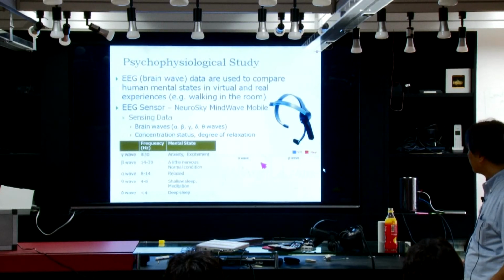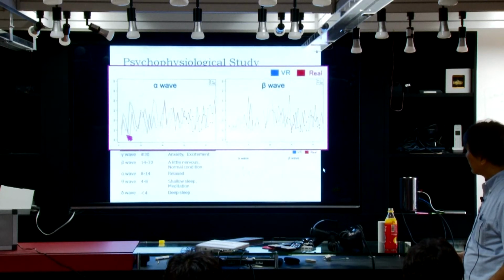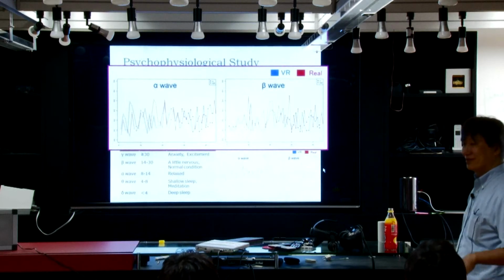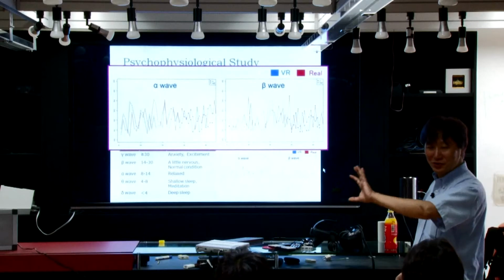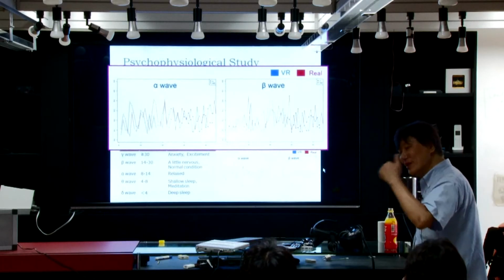And this is the result. This is the alpha wave data, and this is the beta wave data. It's difficult to say that the situations are almost the same, but they are not so much different.